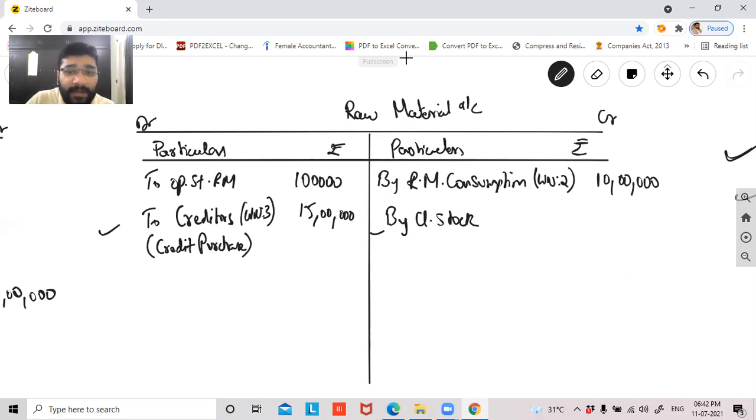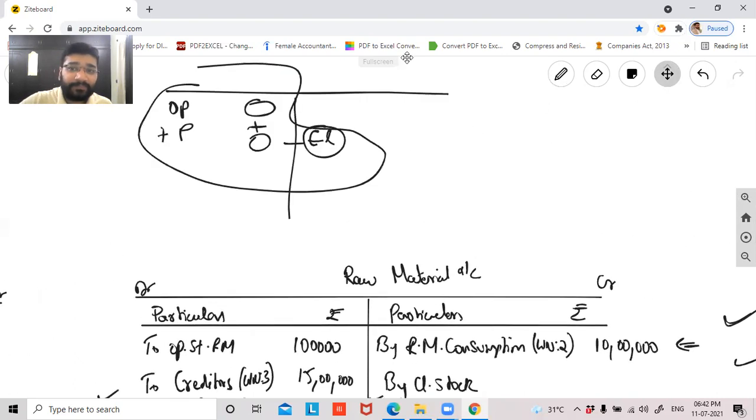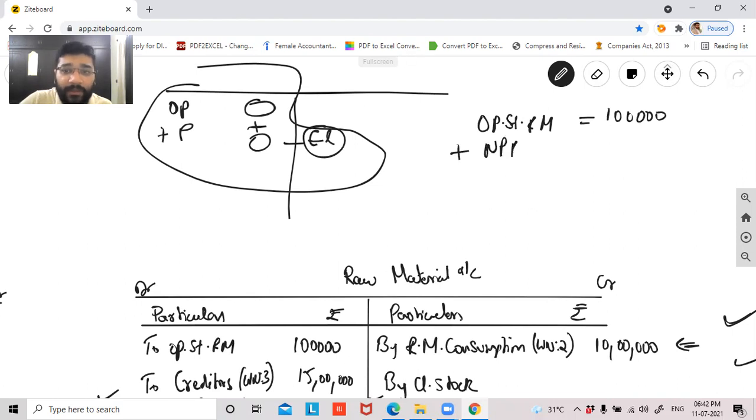Opening stock plus creditor minus closing stock will give me raw material consumption, guys. Opening stock of raw material, which is 1 lakh rupees, plus net purchases of raw material, which is 15 lakh rupees.